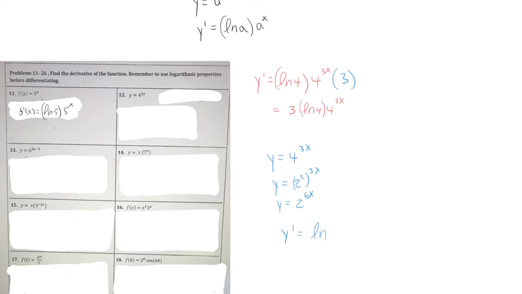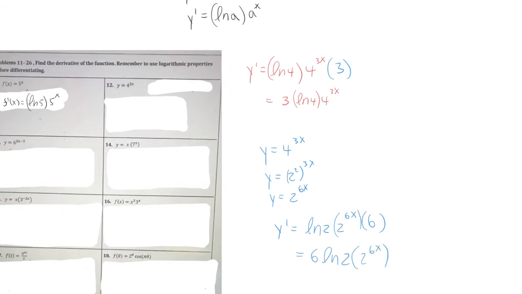So it's ln of 2 times 2 to the 6x times the derivative of 6x, which is just 6, and then that's going to be 6 times ln of 2 times 2 to the 6x.